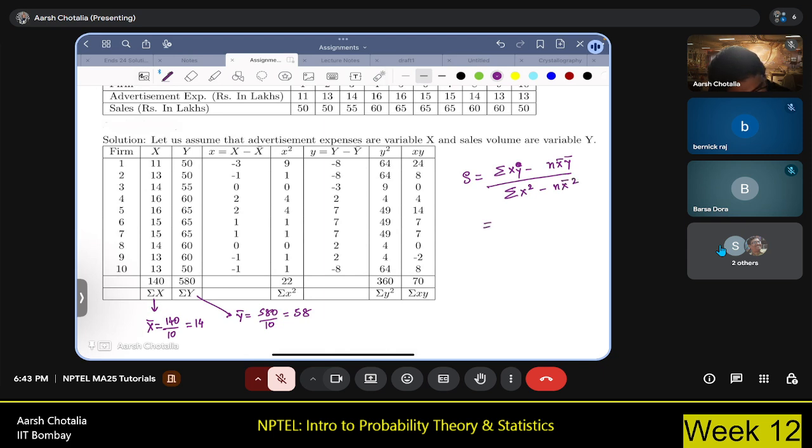So sum over xy is this thing, 70, and minus n times x bar y bar.